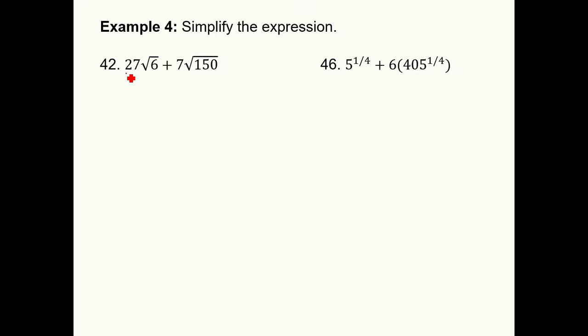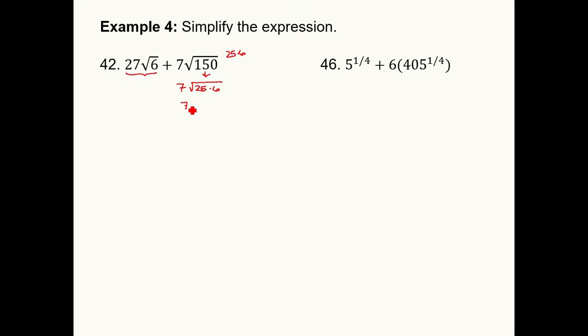So the 27 root 6, I can't do anything with that. However, this 7 square root 150, it sure looks like I can simplify that. Is there a perfect square that goes into 150? Hey, 150 is 25 times 6, and 25 is a perfect square. So I've got 7 times the square root of 25 times 6.